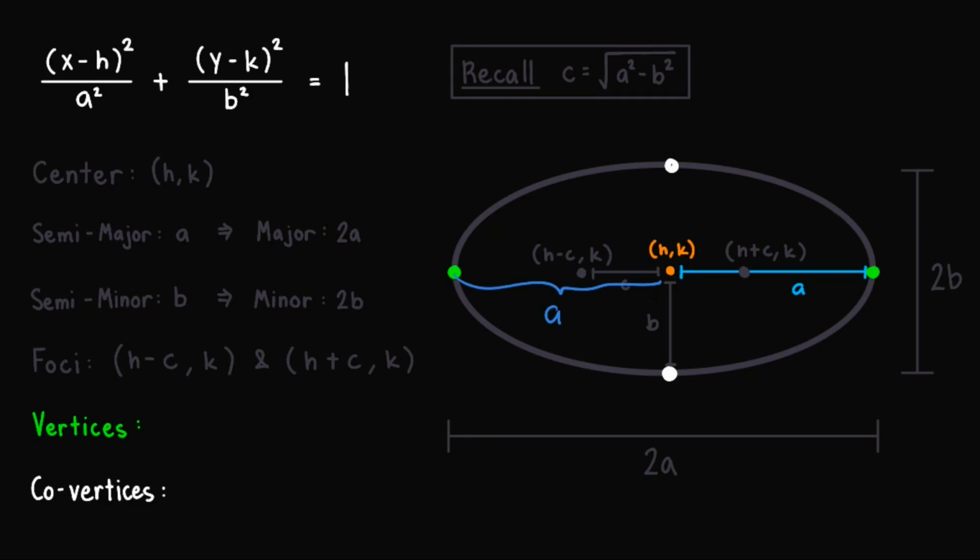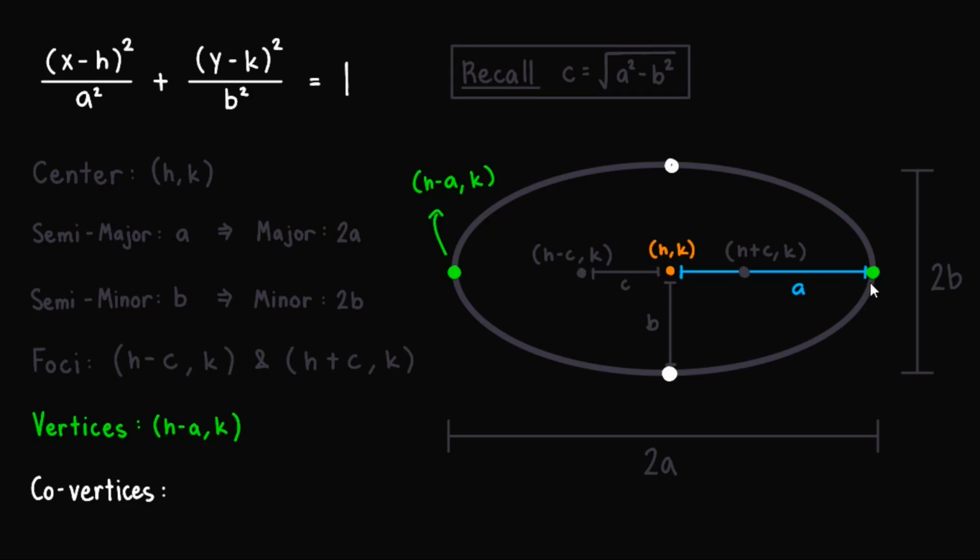This means that, similar to how we did in the foci, we'll just adjust the x-coordinate out here since this one is a line along the x-axis. So to get from this point to this point, we simply subtract a. So we'll have h minus a comma k for this first vertex.